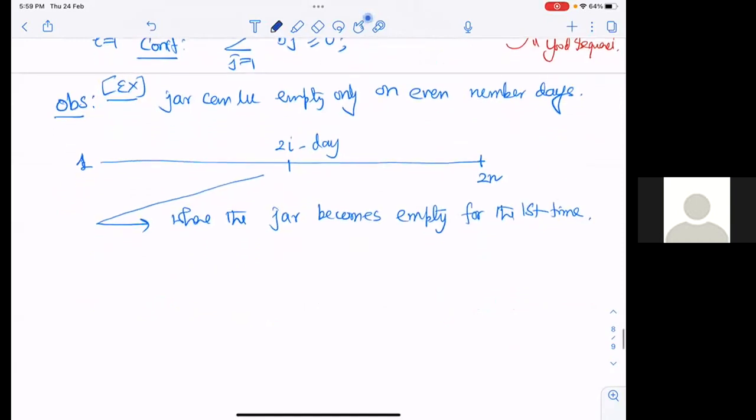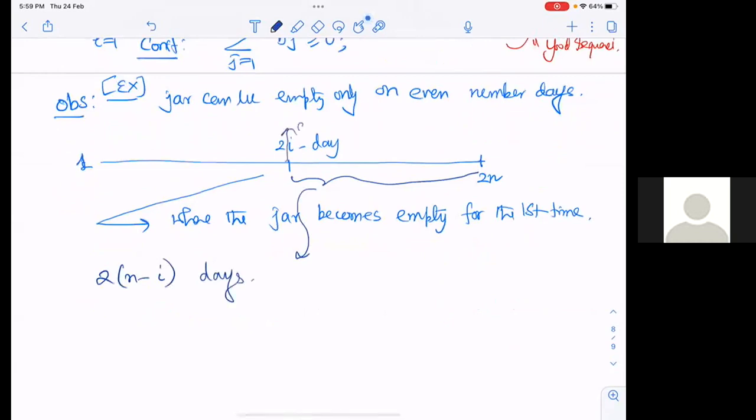Now look at this part of the action. This is like 2 times (n minus i) days. At this time the jar becomes 0, and at this time also the jar becomes 0. So all the things you see here are good sequences. What plus or minus 1 values you place in these 2(n minus i) days correspond to a good sequence. We agree on that?